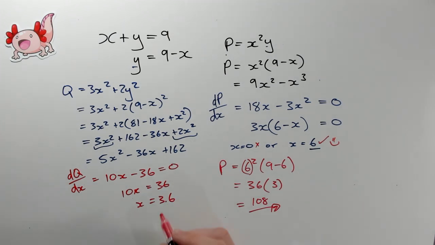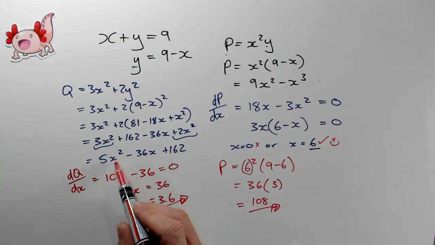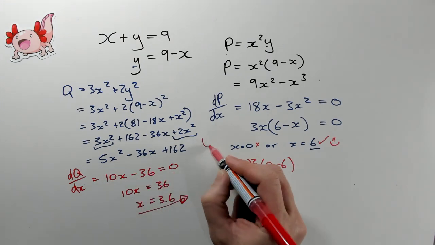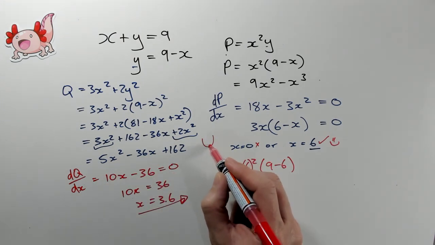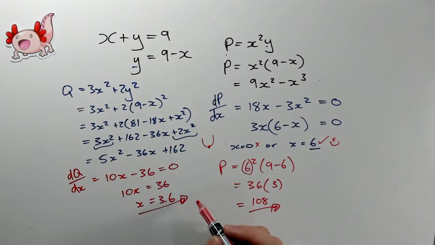Okay, now I have an x value for the stationary point. I could only find one stationary point, so I'm going to assume this is a minimum point because there was nothing else. Actually, I don't think I have to assume this. This is a positive parabola, so it'll look like that, so the only stationary point will be a minimum point.